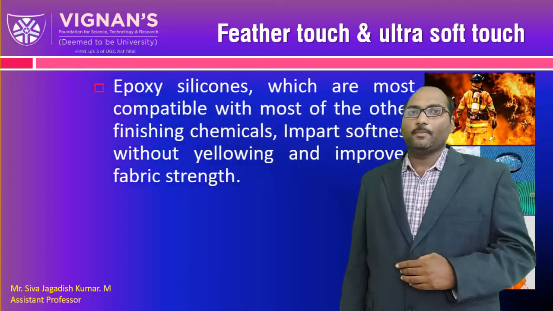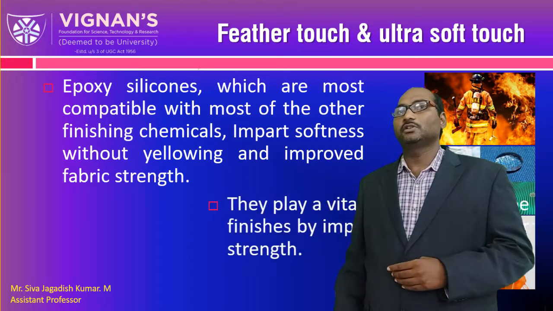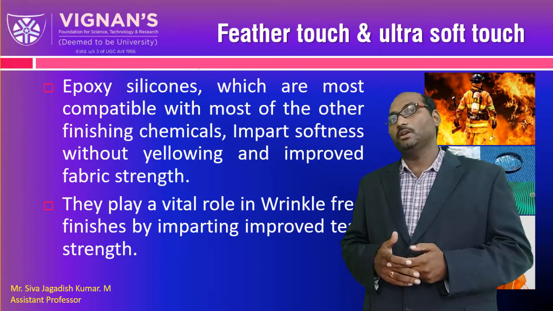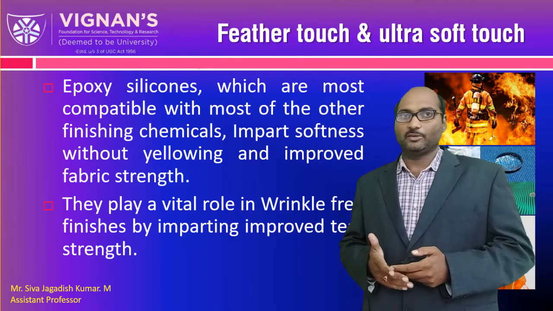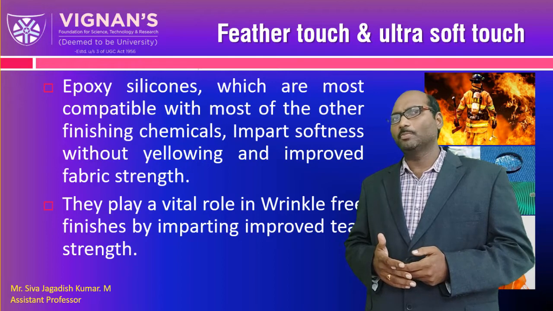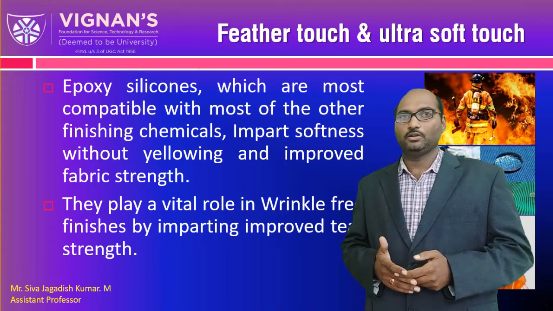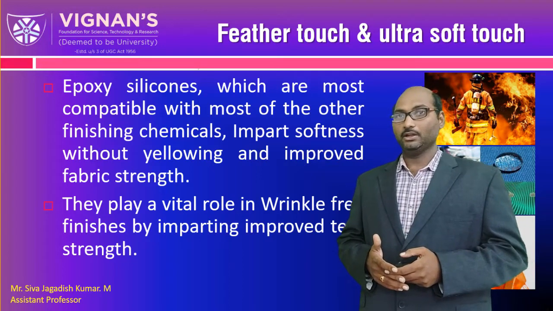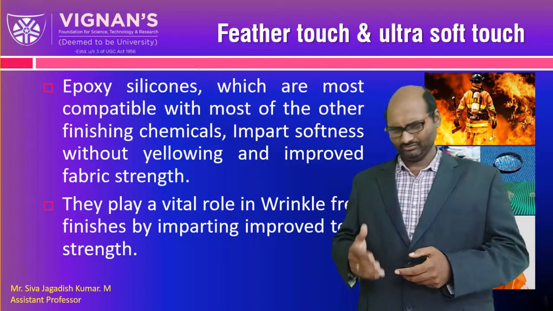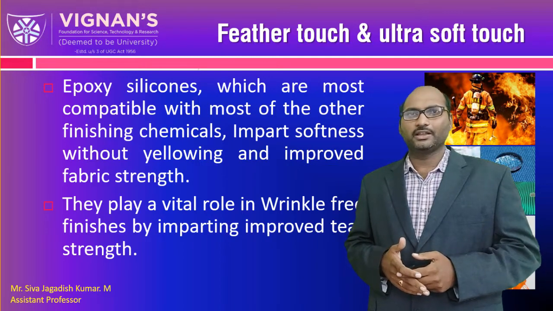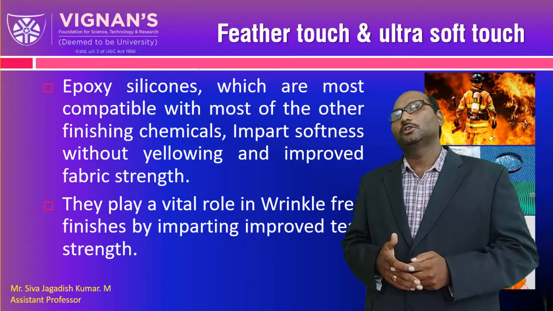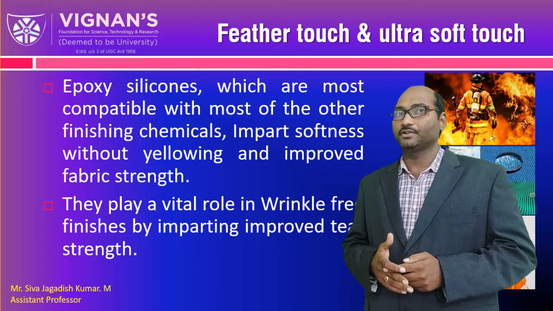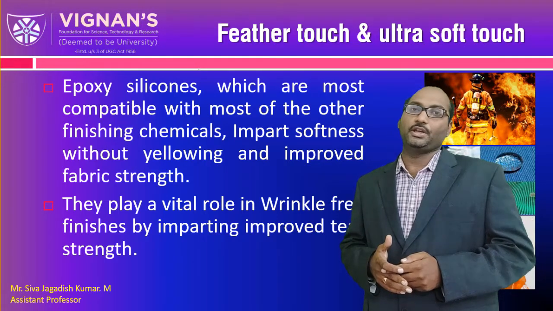Apart from aminosilicones, epoxy silicones are very compatible with other finishing chemicals, and also impart softness without yellowing and with improved fabric strength. But epoxy silicones are a little costlier than aminosilicones. They also play a role in wrinkle-free finishes by imparting improved tear strength.